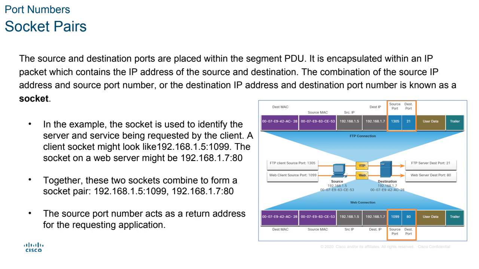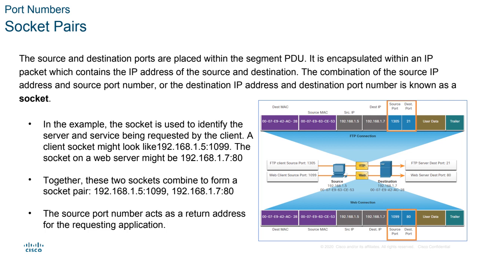What does colon 1099 mean? This is on port 1099. And the socket on the web server will be something like this, with port 80. Together, these two sockets combine to form a socket pair. Did we understand what a socket pair means?